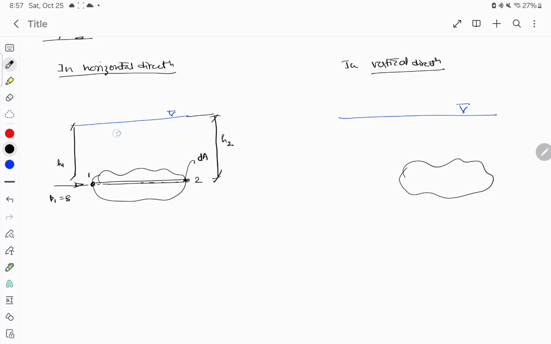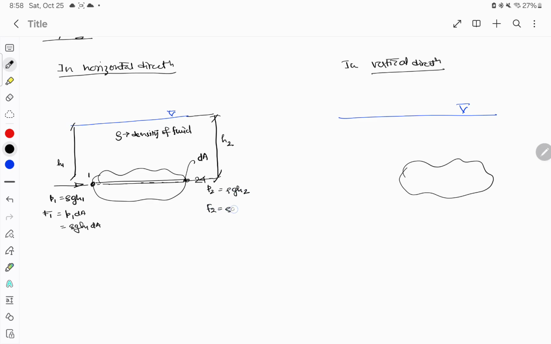Say the density of the fluid is rho. So rho g h1 will be my pressure, and what will be the force on this strip, since the area is dA? Rho g h1 into dA will be the force going towards the right, and the pressure at point 2 will be rho g h2.